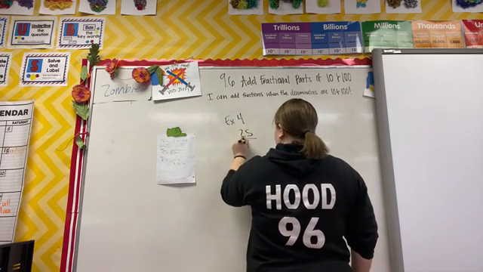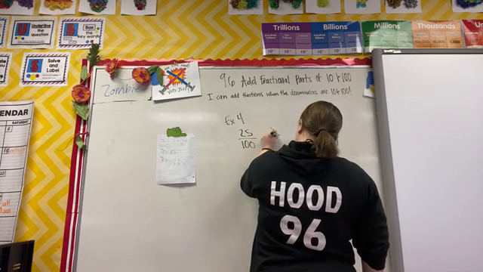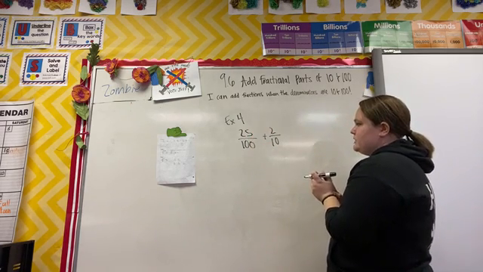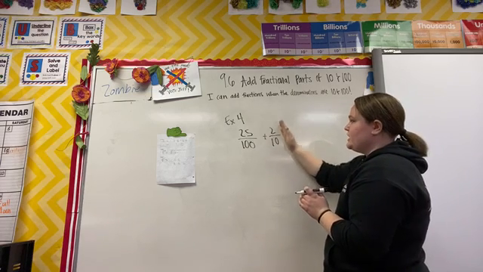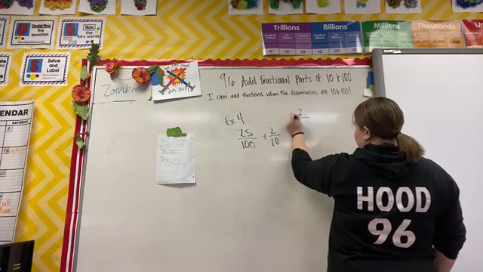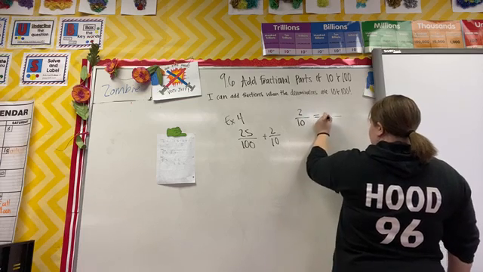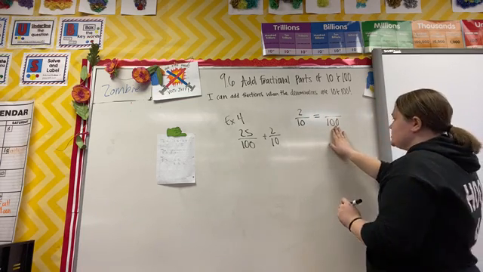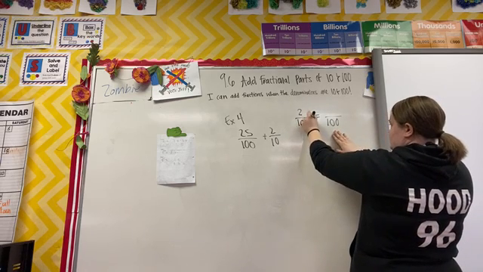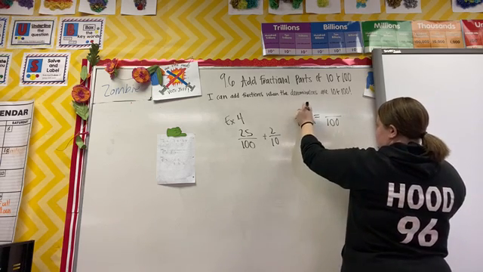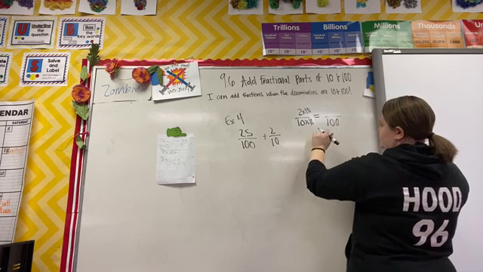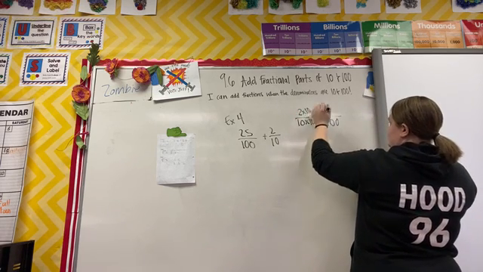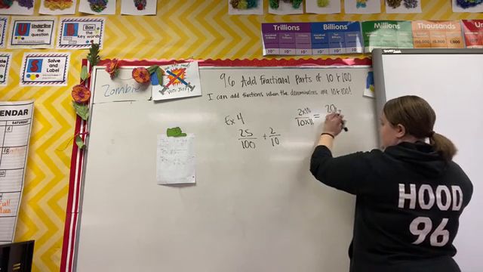25 hundredths plus 2/10. Okay, first step. Equivalent fractions. So I need to make 2/10 equal to something over 100. Smaller to bigger. So I'm going to times by 10 because timesing gets us bigger. Whatever I do to the bottom, I do to the top. 2 times 10 is 20.